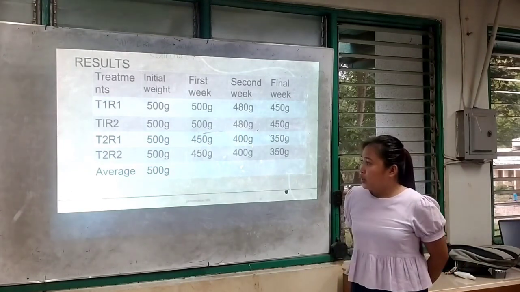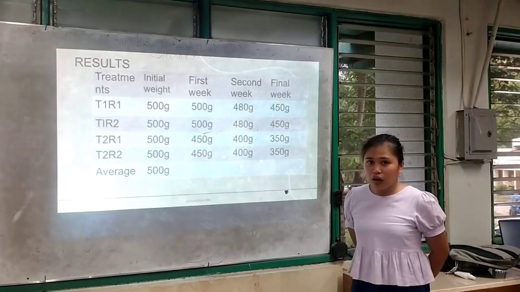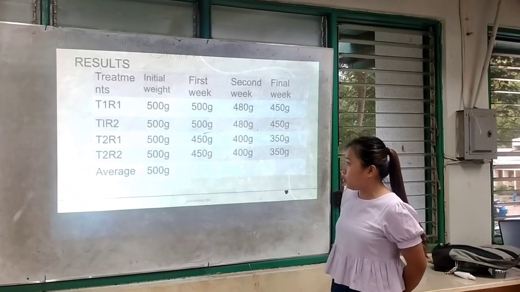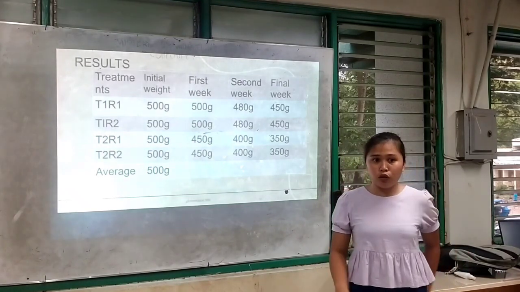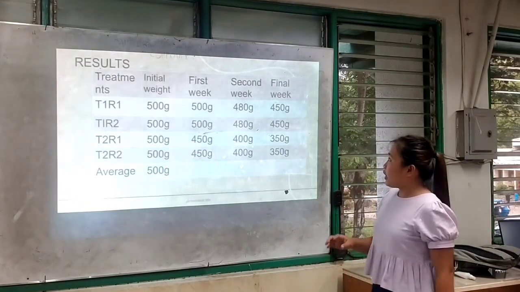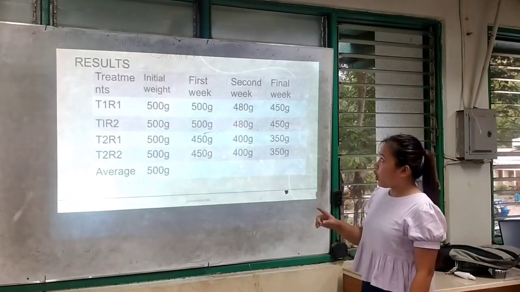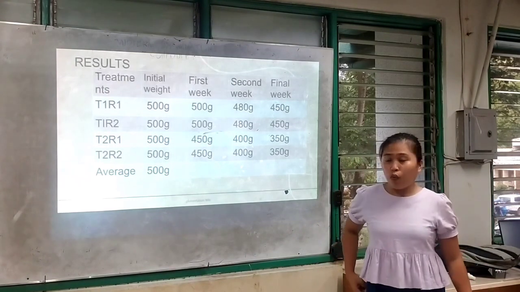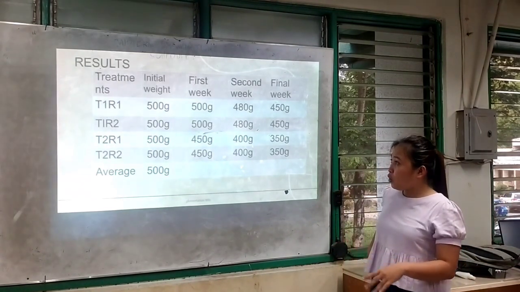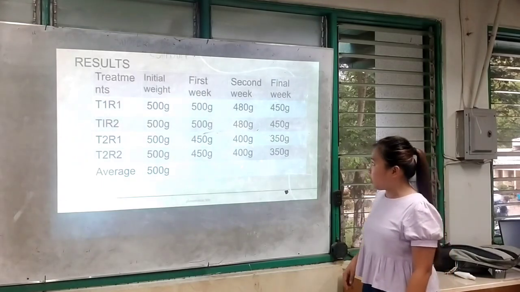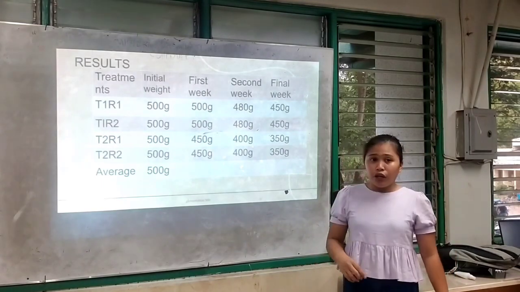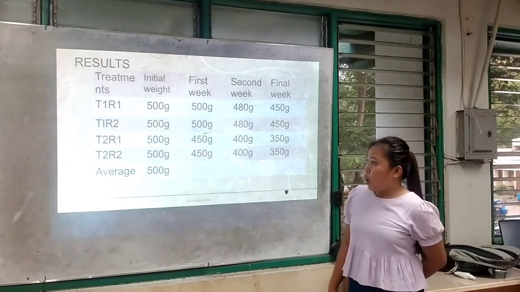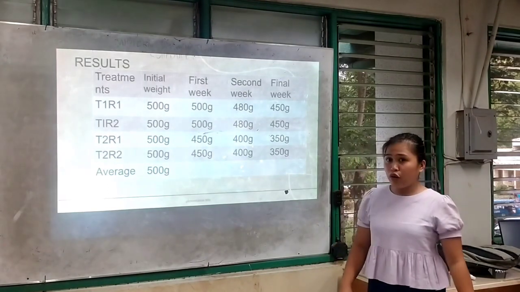T2R1 was reduced to 450 grams, and T2R2 was also reduced to 450 grams. In the second week, T1R1 was reduced to 480 grams, T1R2 also 480 grams, and T2R1 and T2R2 were reduced to 400 grams.